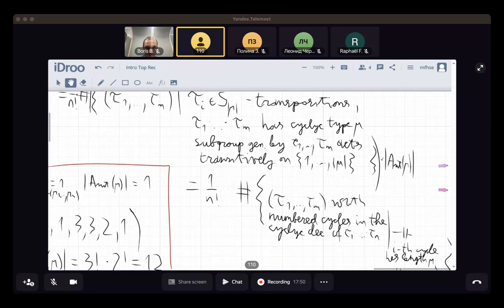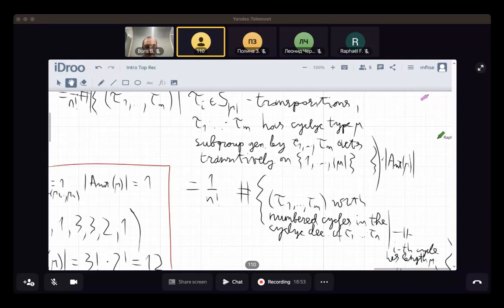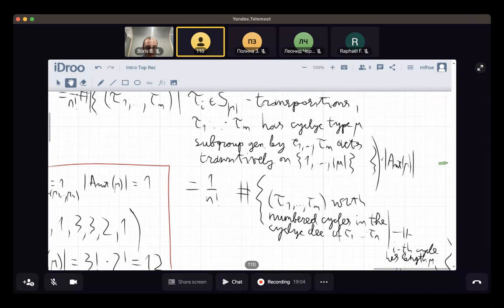So the number of ways to do this is k factorial, where k is the number of, sorry, this will actually be equal to n. This k is actually, you said it correctly. Sorry, this is n. Because we want the cyclic type to coincide with mu, and the length of mu is n. So it's n factorial, in fact, ways to do this.